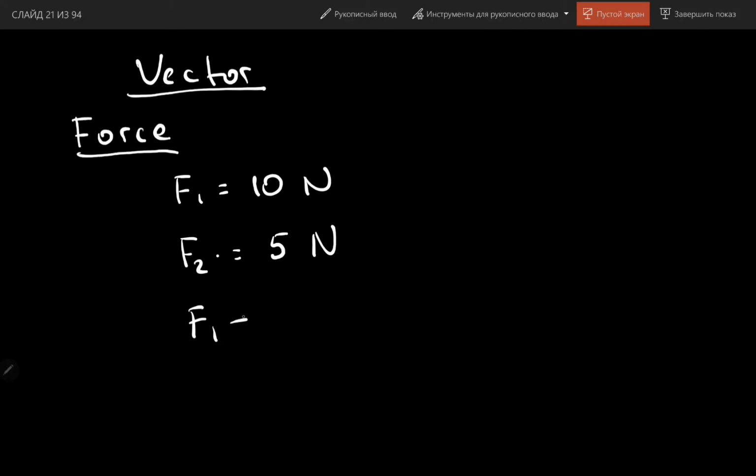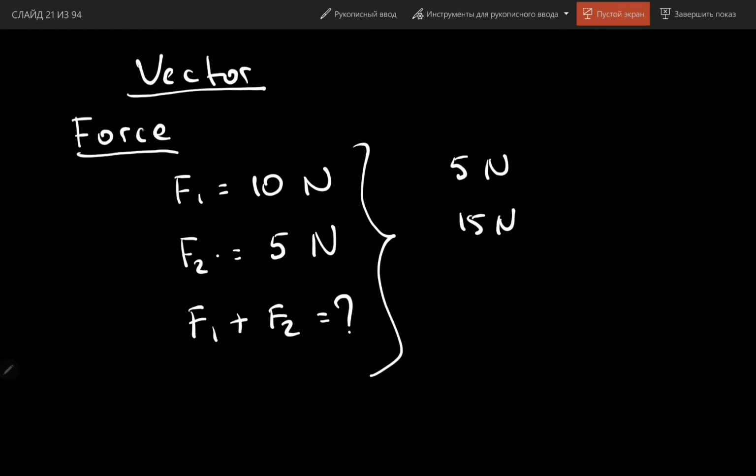Basically, the question is find F1 plus F2. What will be your answer? Here, the answer can be 5 newtons, or the answer can be 15 newtons, or the answer can be any number between these two numbers, 5 and 15 newtons.